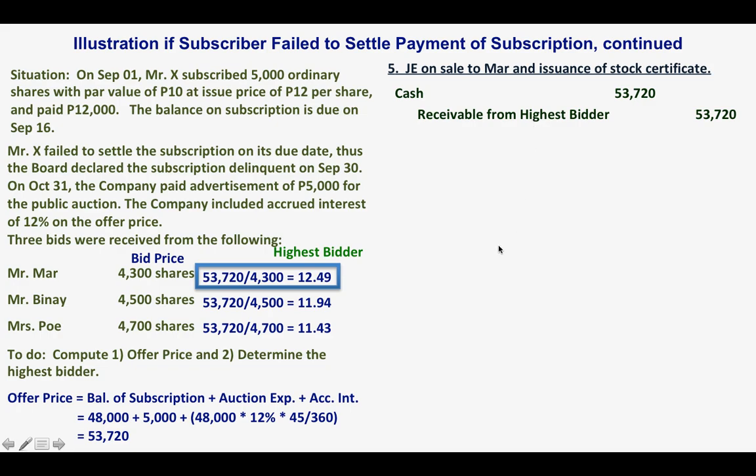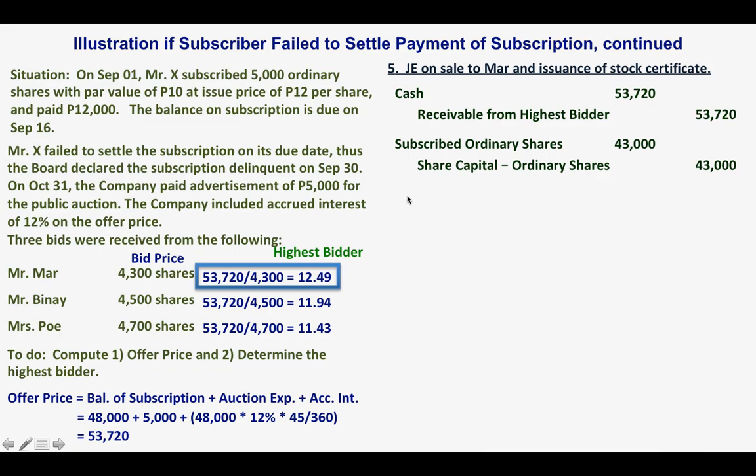Okay? And now, class, we are going to issue the stock certificate to Mar. And how many shares is Mar entitled to? Mar has bid 4,300 shares. So we are going to issue a stock certificate for 4,300 shares at par value, which is 10.